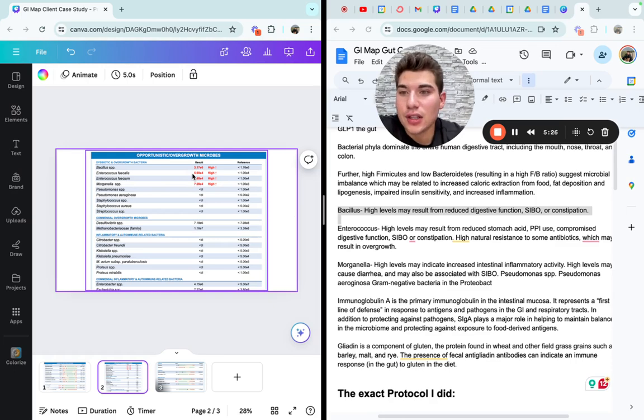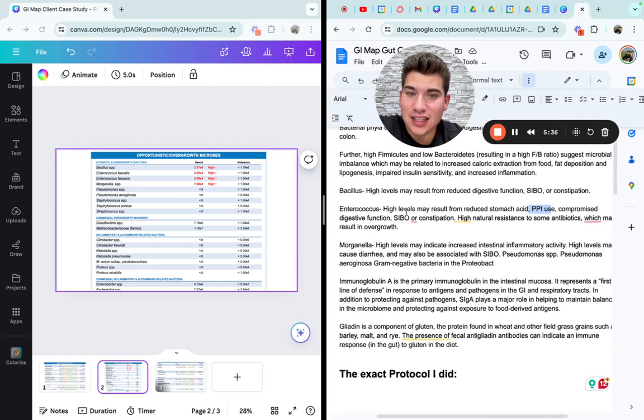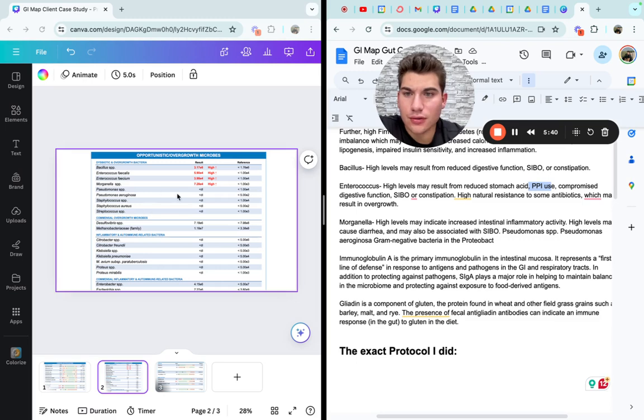Enterococcus results in reduced stomach acid, so if someone's taking PPIs for a long time, they can get this type of bacterial overgrowth. I won't get too much more into the specific strains. Just know that this overgrowth of bacteria indicates SIBO. And so there's a lot of gut bacteria overgrowth going on here, which I'll show you exactly how I fixed.